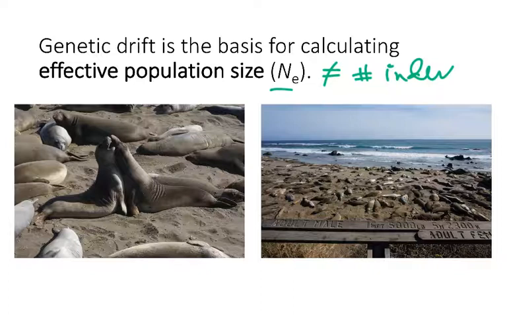In these images that I took from the San Simeon elephant seal colony in Central California, the picture on the right blows my mind. These adult males are 16 feet, 5,000 pounds. They're huge. But if you were to look at this colony and count all the individuals present there, that is not the effective population size. That is different than what an effective population size is.